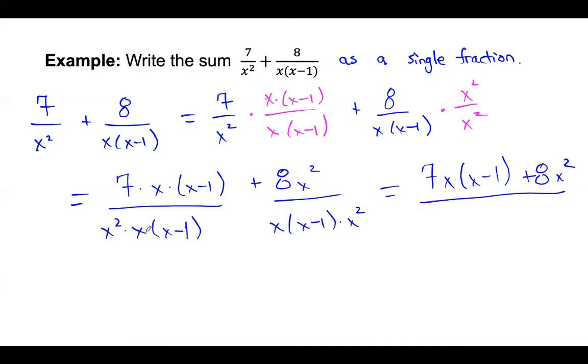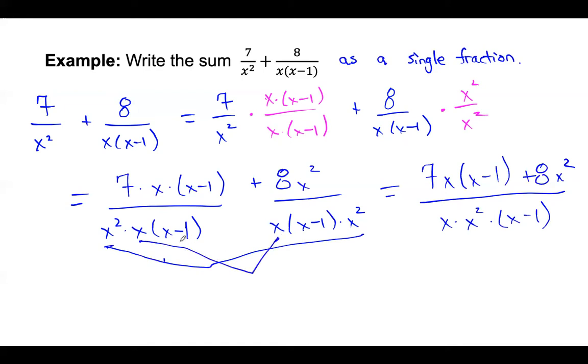We can add them because it has the same denominators. And then the bottom is going to be just x times x squared times x minus 1. We could see it's the same denominator because the x squared here and there's an x squared there. Here's an x and there's an x and here's an x minus 1 and here's an x minus 1. So it's the same denominator.